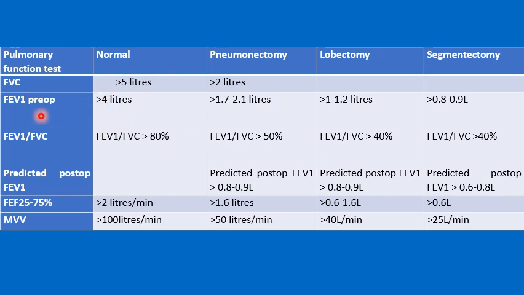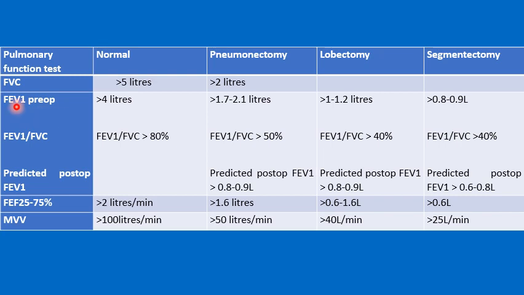The FEV1 is important because it determines whether the patient can cough or not. If the postoperative predicted value of FEV1 is less than 40%, or less than 1 liter, then what happens? The patient will be unable to cough effectively, so that leads to retention of airway secretions and lung collapse can occur.